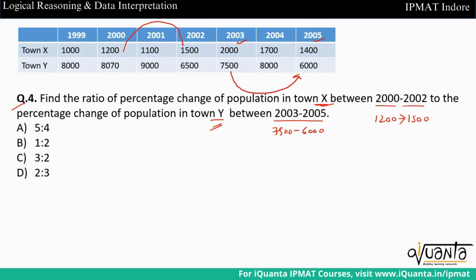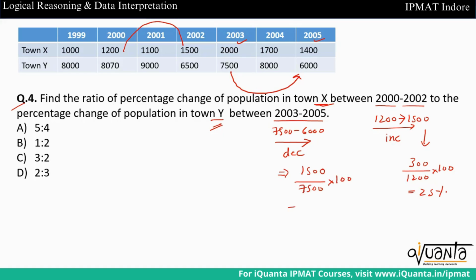So since the value is decreasing here, it is a decrease, and the value is increasing here, so this is an increase. So the percentage change here will be 300 upon initial into 100, so this will be 25%, and here it will be change upon initial into 100, which is around 20%. So the ratio between percentage changes will be 25 upon 20. So this gives us 5/4.